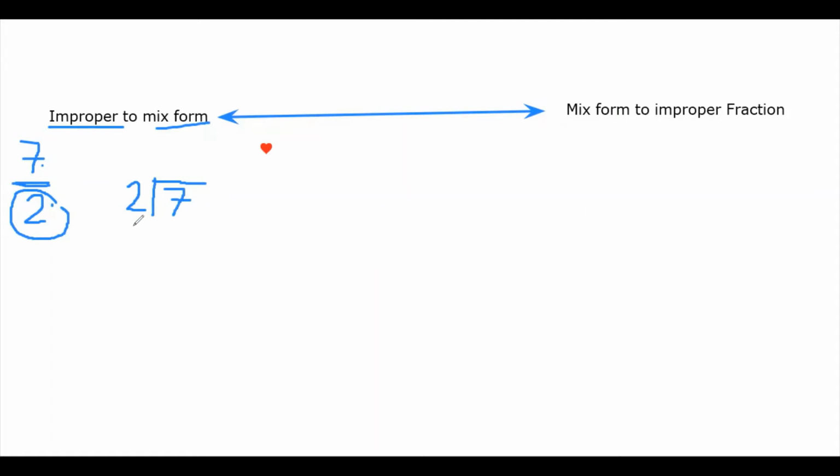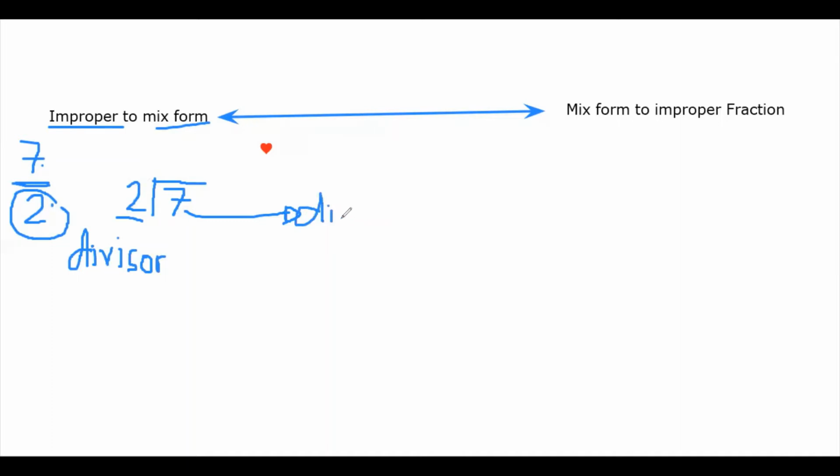Here, if you have already forgotten how to divide, it's just simple. Come to think of a number. Mag-isip po kayo ng number na pwede nyong i-times sa 2 na hindi ilalagpas sa 7. That's the rule of dividing a number. This is our divisor, and the number inside is the dividend.